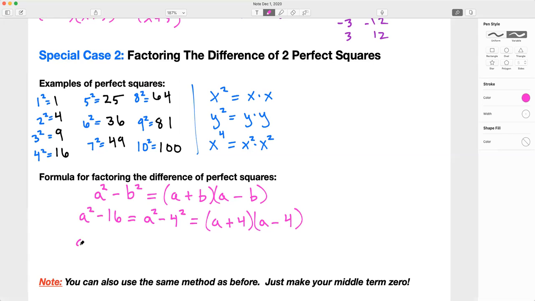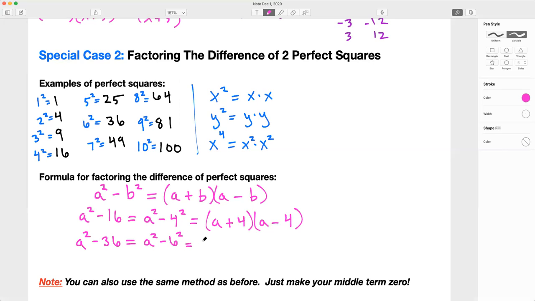What's another example? You could have a squared minus 36. Are these both perfect squares? Yes, they are. And is there a minus sign in between? Yes, there is. So because of that, we can follow the formula for difference of perfect squares. We would think of this as a squared minus 6 squared.